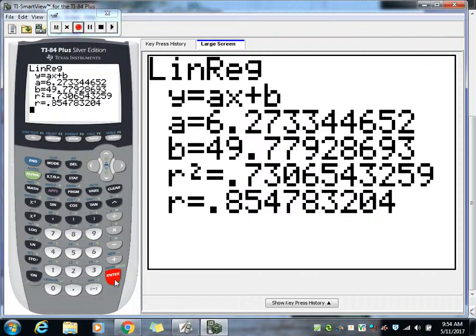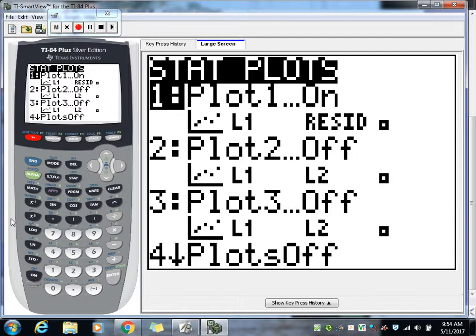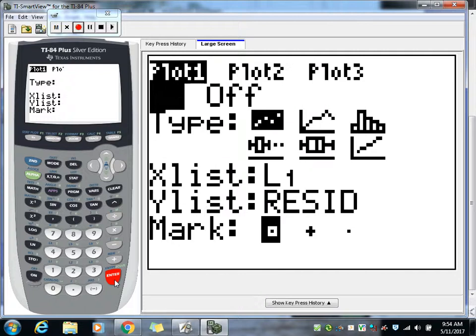Now to create your residual plot, we have to go to our stat plot. So second, Y equals. We want the first one. If yours is not currently on, go ahead and turn it on. For type, we still want that first one.